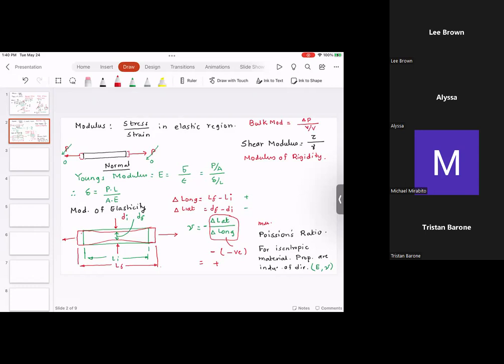So basically, change in the volume divided by initial volume is the volumetric strain, and pressure divided by volumetric strain is going to give me bulk modulus. So that is something that you can keep in mind when studying fluid mechanics properties. Any questions on the material that we have discussed so far?